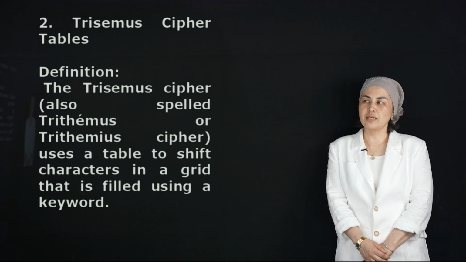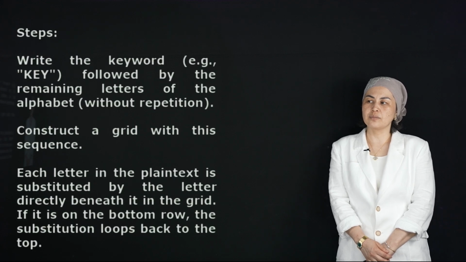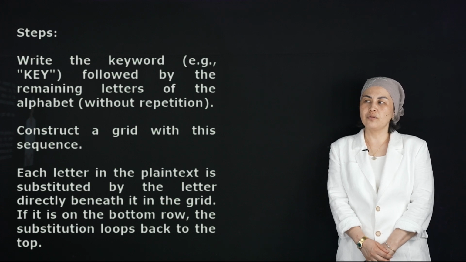Trisemus cipher tables. Definition: the Trisemus cipher uses a table to shift characters in a grid that is filled using a keyword. Steps: write the keyword, for example, key, followed by the remaining letters of the alphabet without repetition.